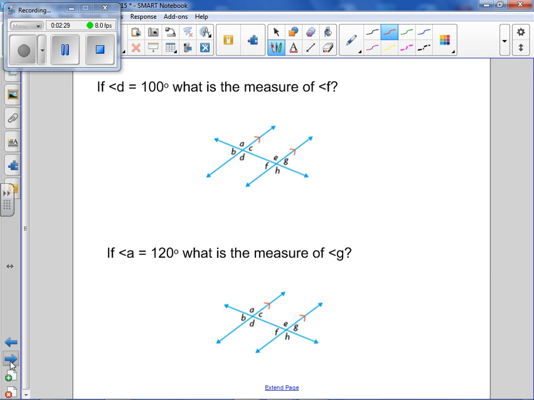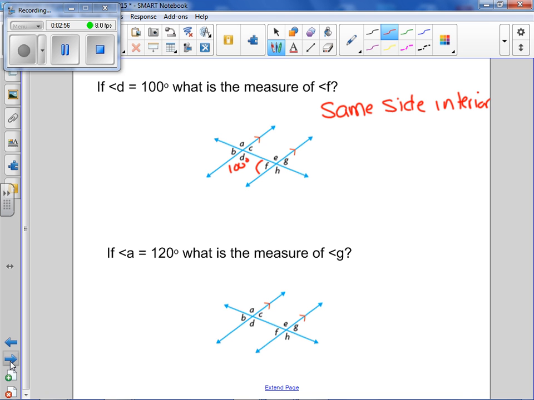Next question, it tells me that D is going to be 100. We need to find F. So D and F are both interior angles, and they're on the same side. So these would be called same side interior. Now remember what we just learned. Same side means they always add to be 180.